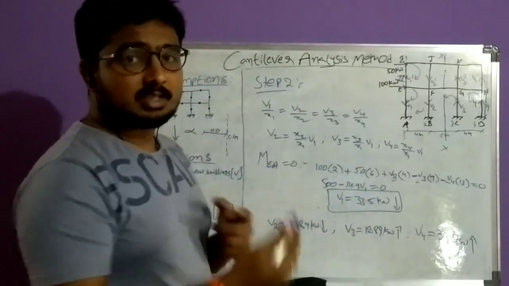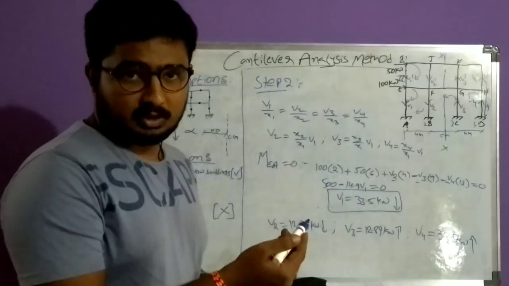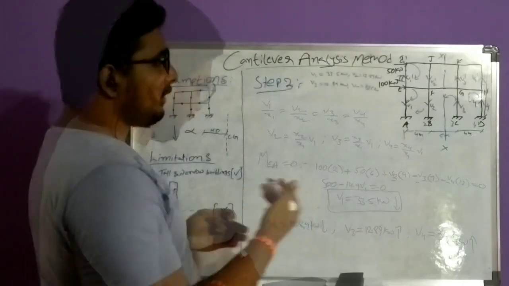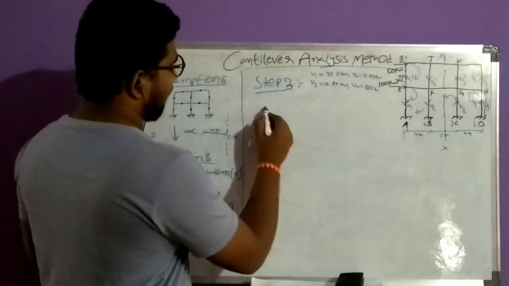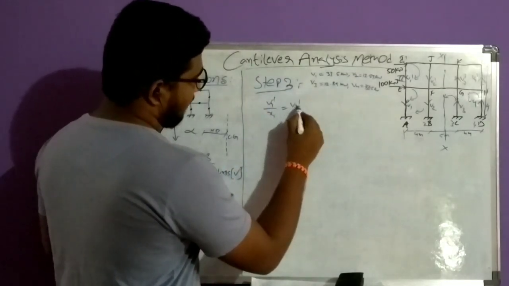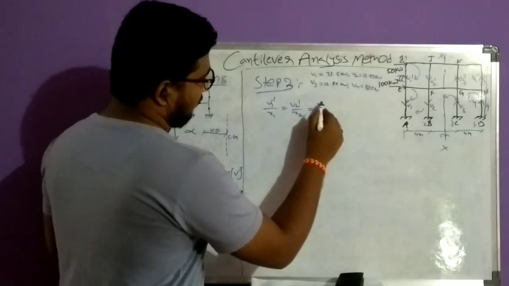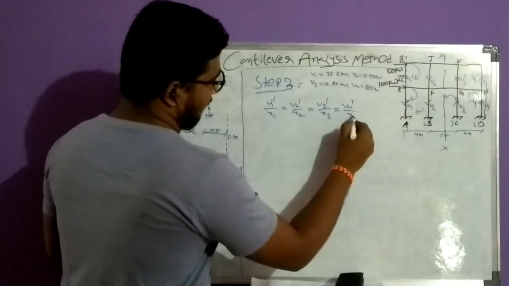In the same way, in step 3 we have to calculate the axial forces in the above story, the top story. In the same way as we calculated in the bottom story, we have to calculate in the top story. So we know that V1 dash by x1 equal to V2 dash by x2 equal to V3 dash by x3 equal to V4 dash by x4.